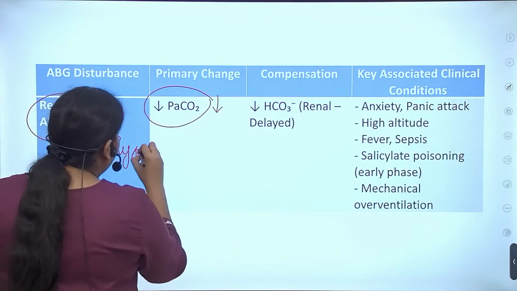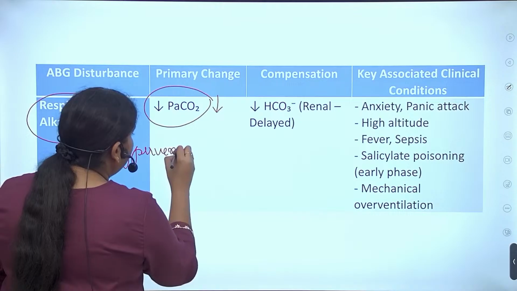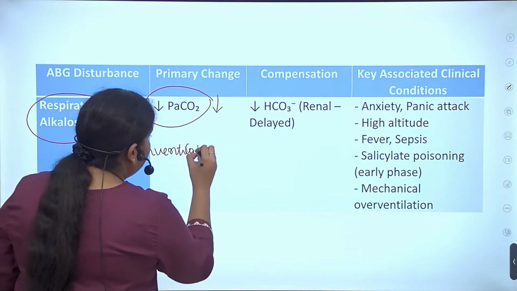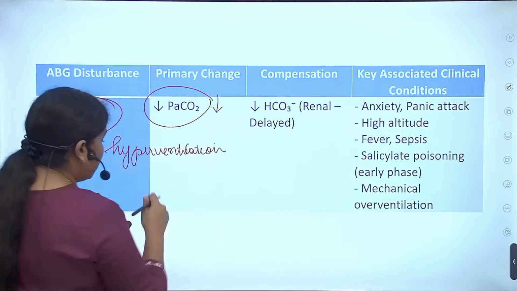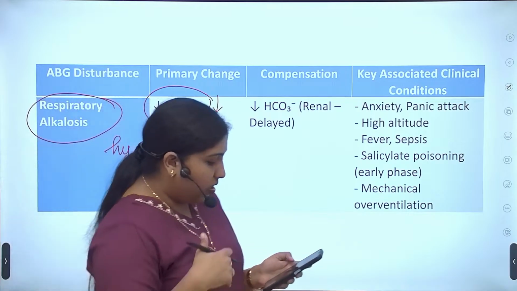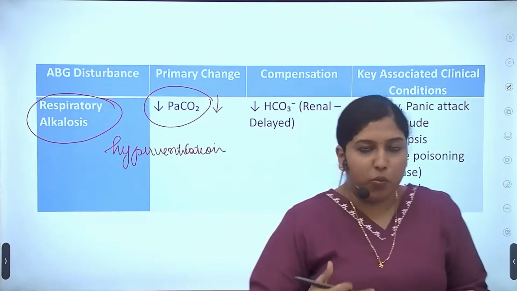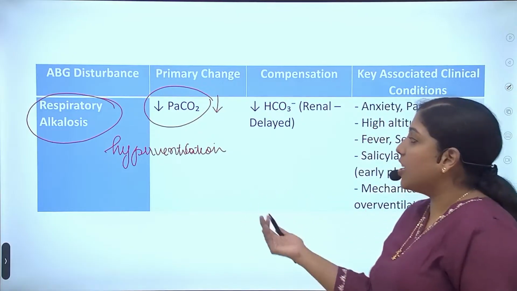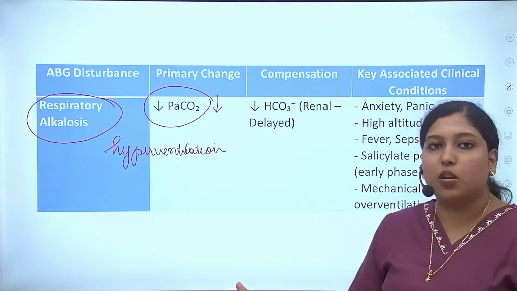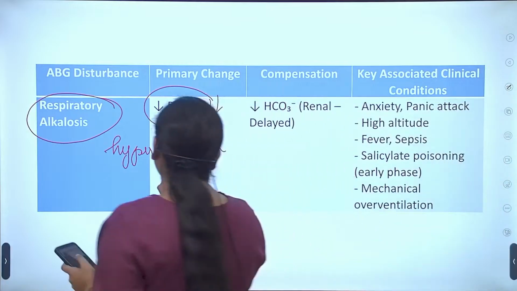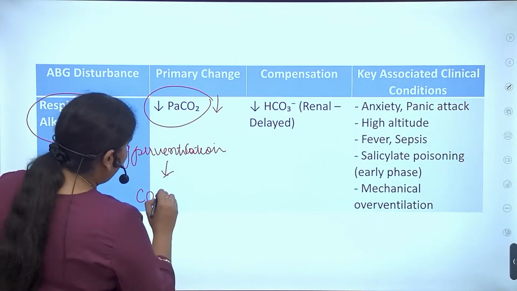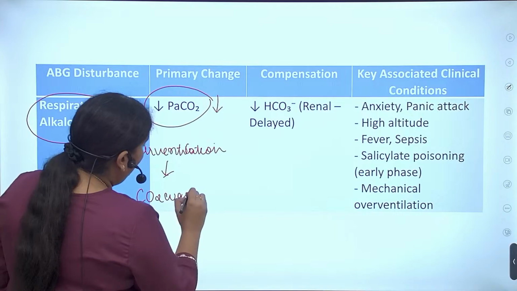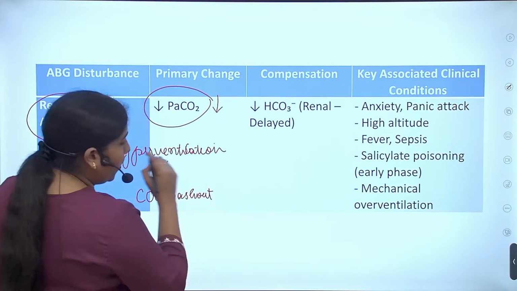When the patient is going for hyperventilation, there will be excessive active ventilation and the patient will be struggling. In that case, obviously there will be excessive elimination of the CO2, which in turn is going to cause CO2 washout.